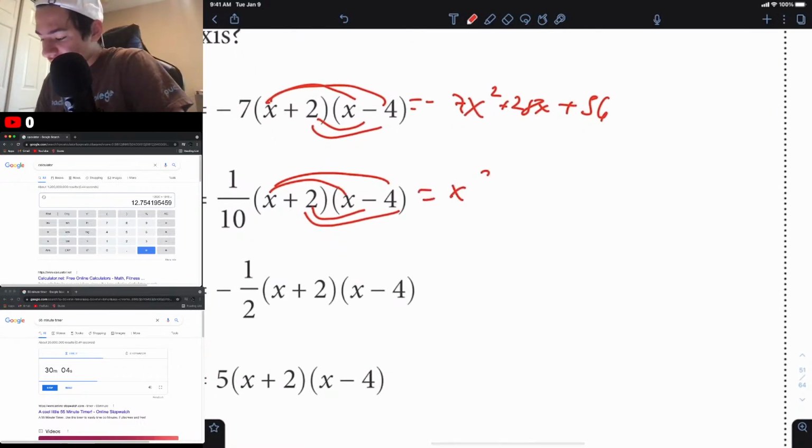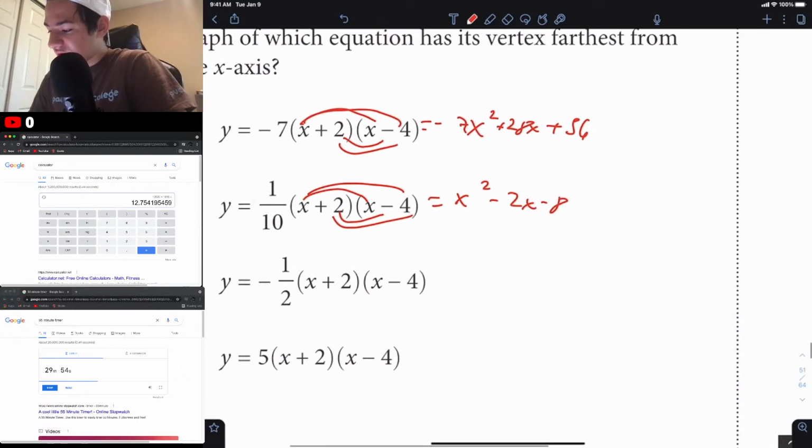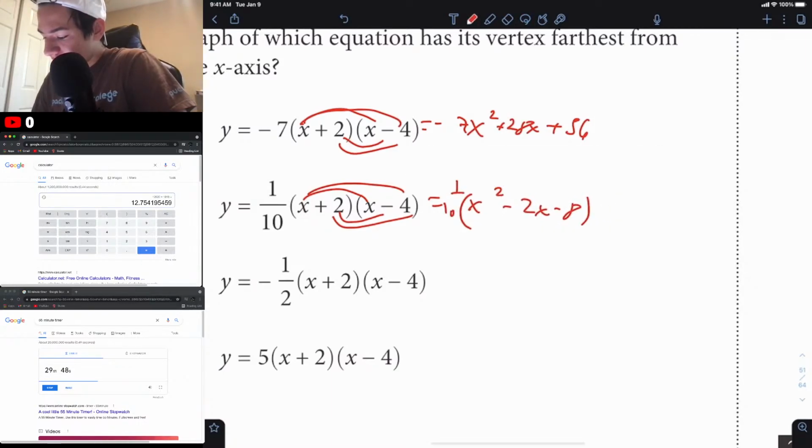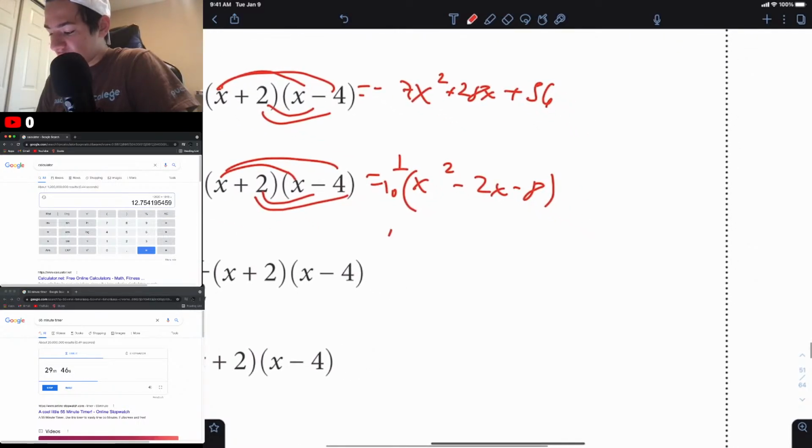So it's going to be x squared again, and then we said plus 2x minus 4x, which is minus 2x, and then minus 8. And we're going to multiply this by 1/10. If we do that, we get 1/10 x squared minus 1/5 x minus 8 over 10.